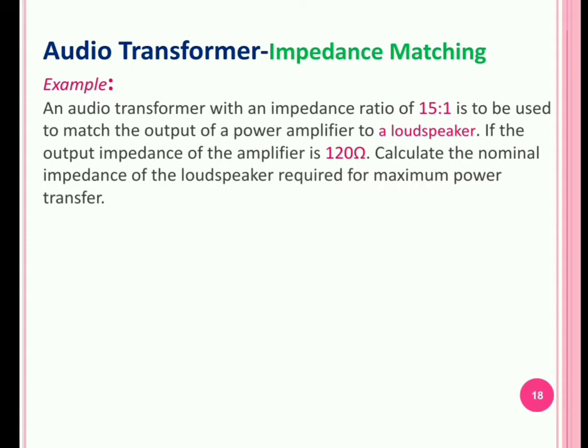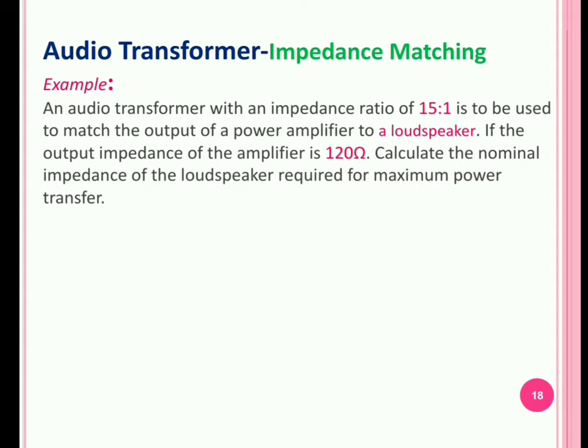Do you know what the impedance of a loudspeaker normally is? Yes, it is about 8 ohms. Let us see what happens here. Here the output impedance of the amplifier is 120 ohms, and the impedance ratio is given as 15 to 1. Now let us see how much it comes out to be.